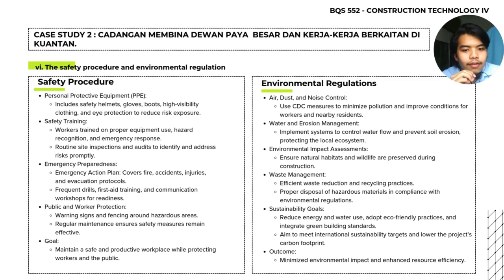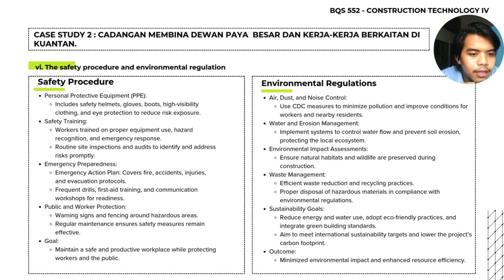Next, environmental impact assessment ensures natural habitats and wildlife are preserved during construction. And for the next point, waste management needs to be efficient, with waste reduction and recycling practices, and proper disposal of hazardous materials in compliance with environmental regulation.